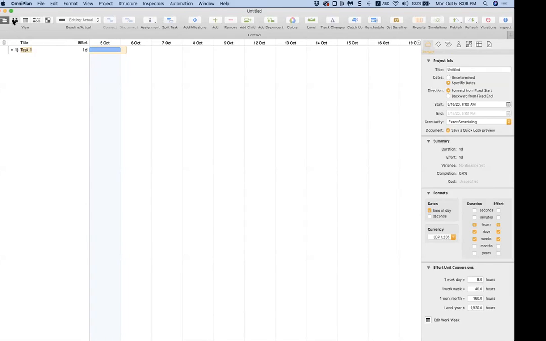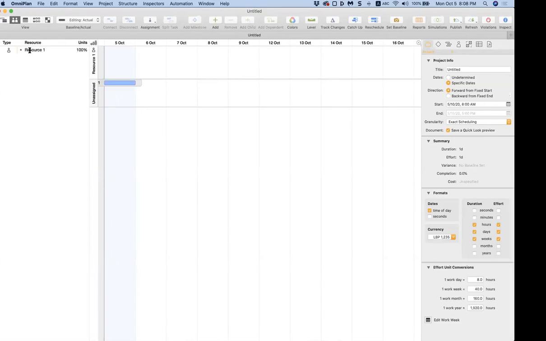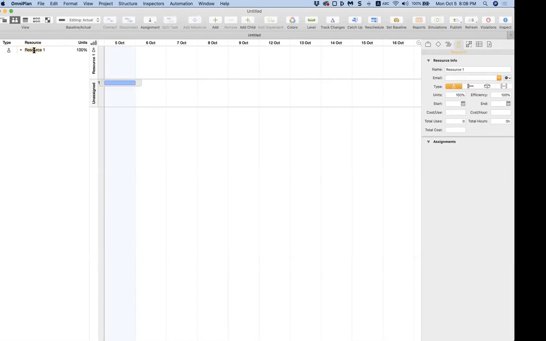I also have a resource view where I input my resources. Let's say I have resource 1, for example, labor.